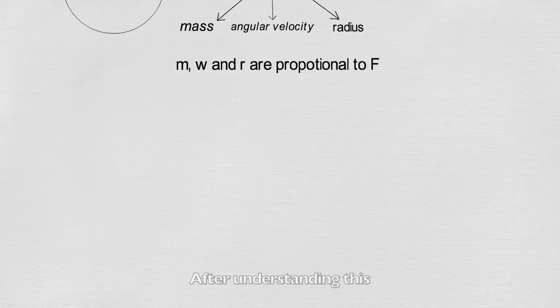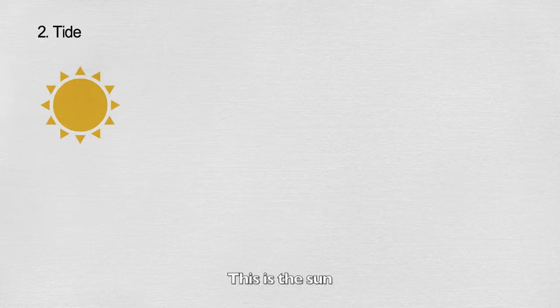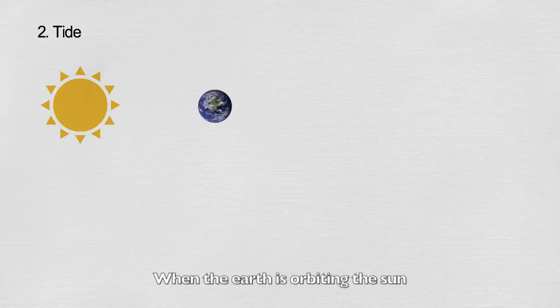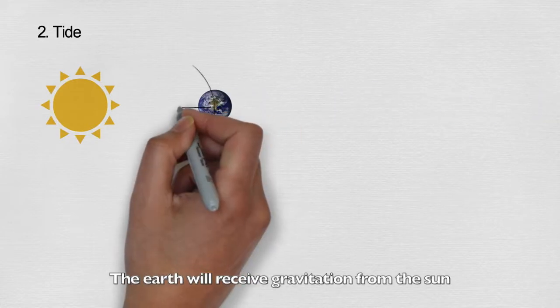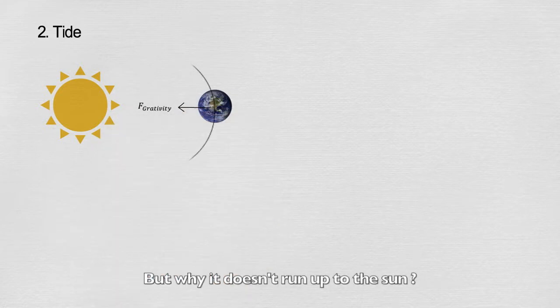After understanding this, we can explain the tide problem. Let's talk about how the tide is formed first. This is the sun. When the Earth is orbiting the sun, the Earth receives gravitation from the sun. But why doesn't it run up to the sun?